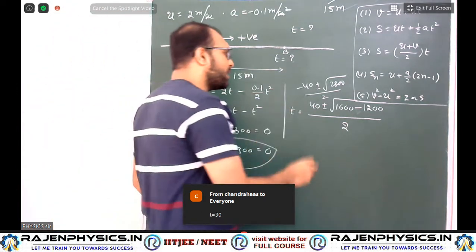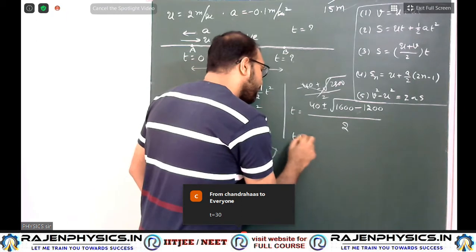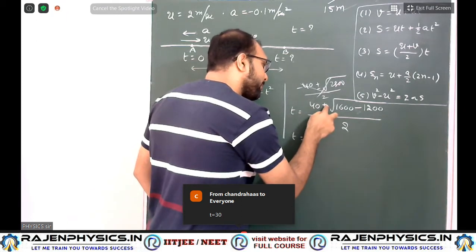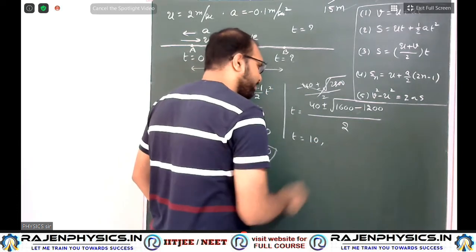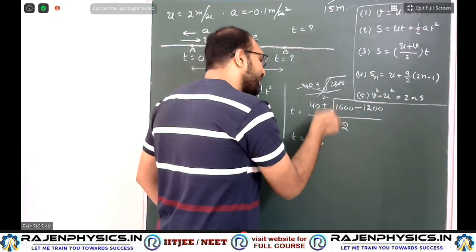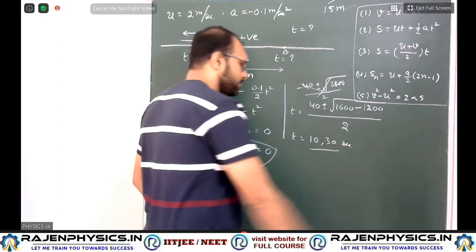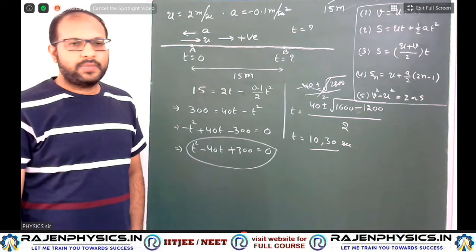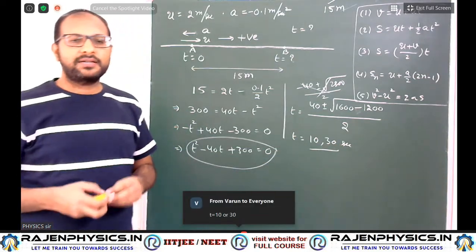So students, here are two answers. 40 minus 20, 20 by 2, is 10 seconds. 40 plus 20, 60 by 2, is 30 seconds. Now the times are 10 seconds and 30 seconds, both are answers.